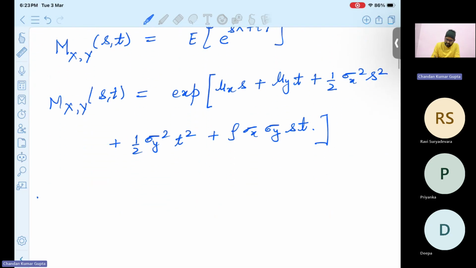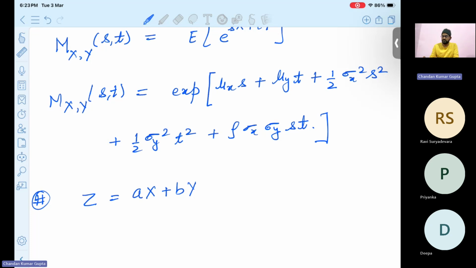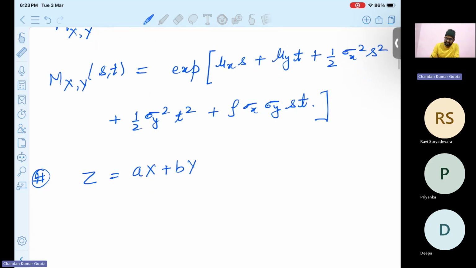Also, there is one more property. Actually, there are lots of properties of the normal distribution or bivariate normal distribution. Suppose Z is another random variable which is the linear combination of two normal variates, ax plus by. As we know the linearity property of the normal distribution, Z follows a normal distribution with mean a times mu x plus b times mu y.